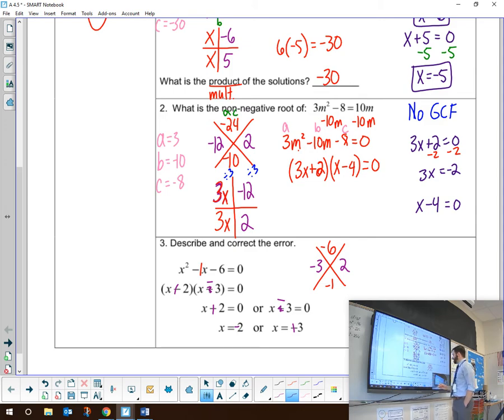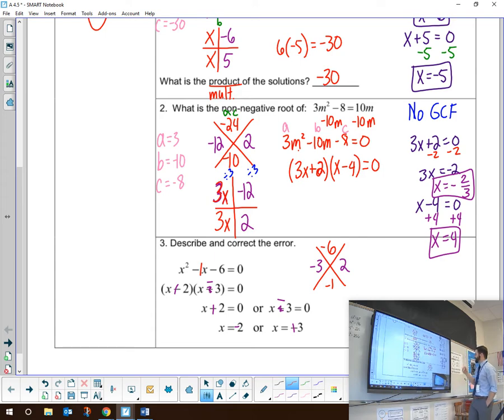If I divide both sides by 3, it gives me x equals negative 2/3. Down here, we just add 4 to both sides, and we get my final answer here of x equals 4.